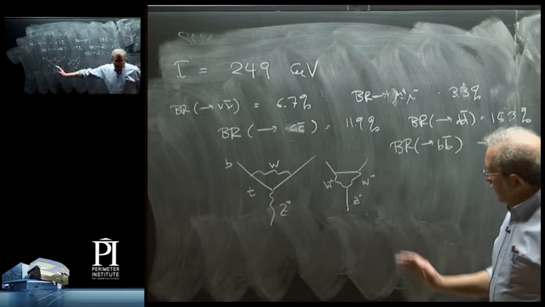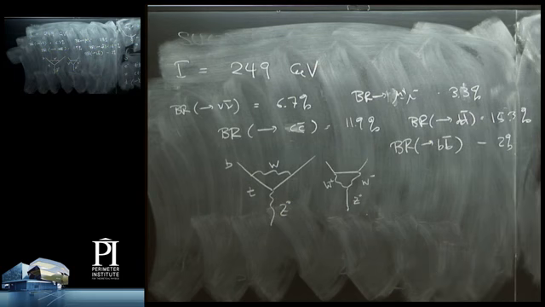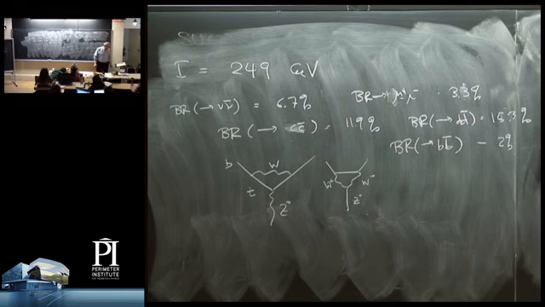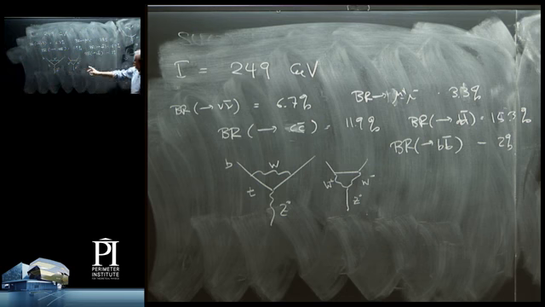And if you add those up, those give a minus 2% correction. So in fact, the probability of making b bbar is slightly less than the probability of making d dbar by a correction associated with these diagrams.